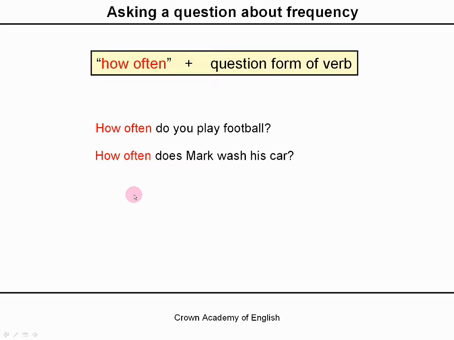Here is another example. How often does Mark wash his car? So again, this is the present simple, but this time it is the third person singular. And the question form in the third person singular is, does Mark wash? Okay?